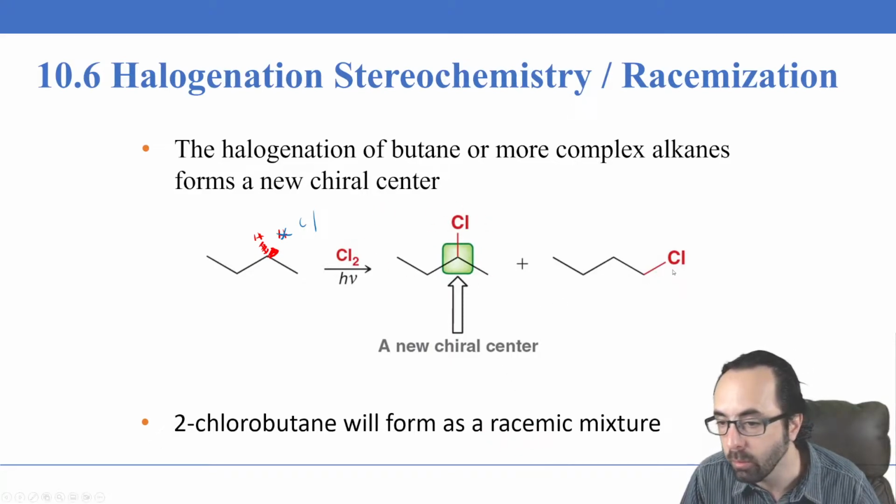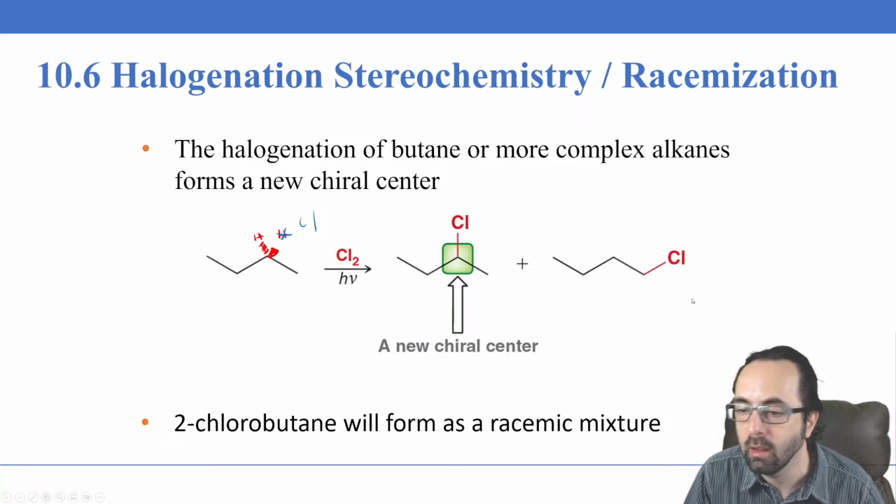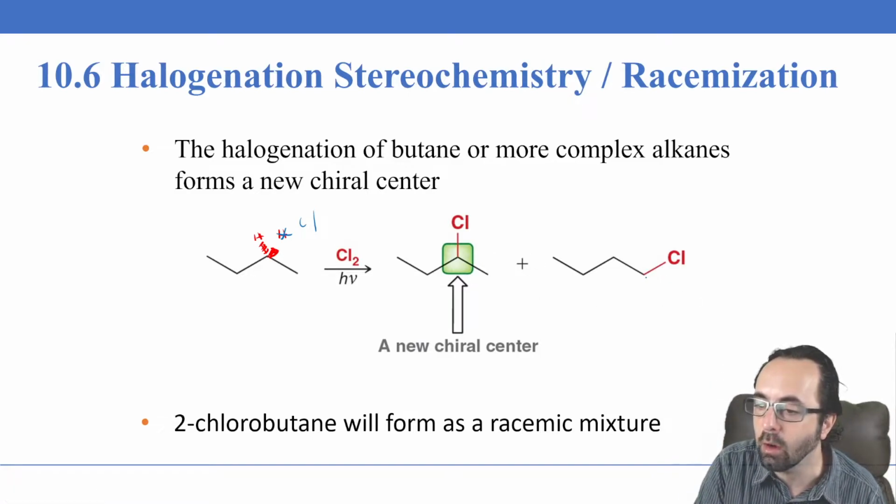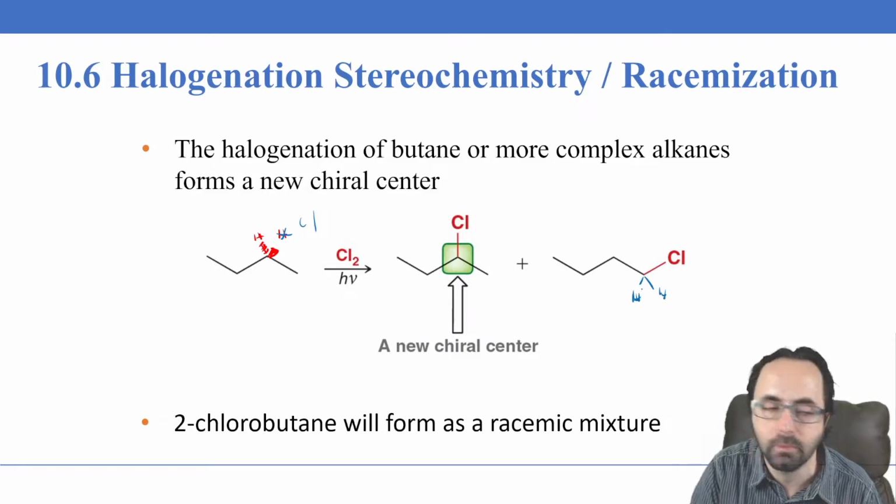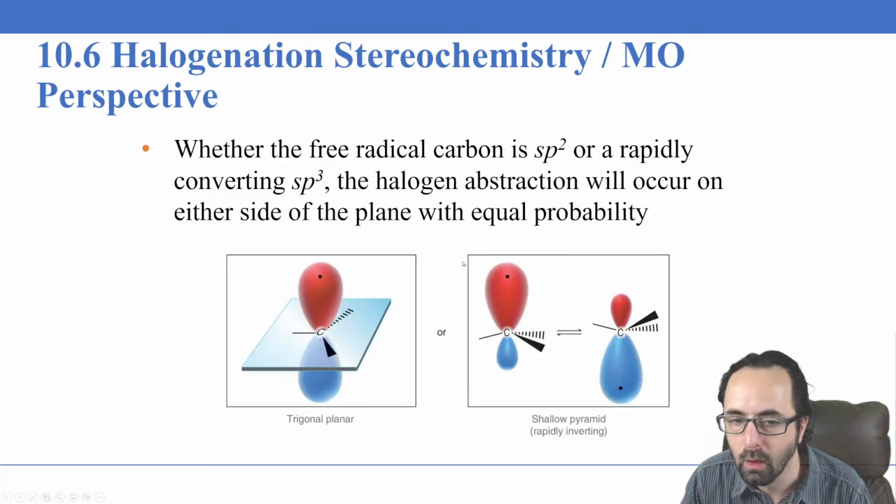When it comes to adding the chlorine on the primary position, we know that we'll be competitive with the secondary position because this is chlorination. However, this is not a chiral carbon because there are two hydrogens attached here. So, as I said, recall that when we have a radical intermediate, it behaves as if it's trigonal planar.